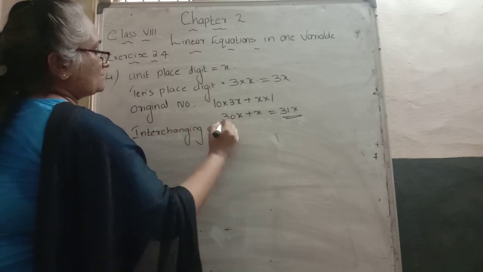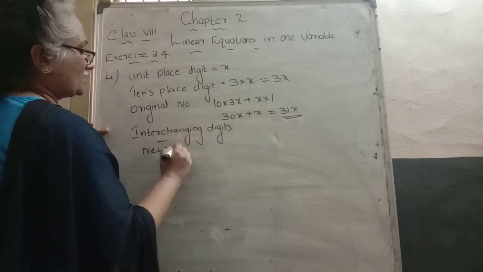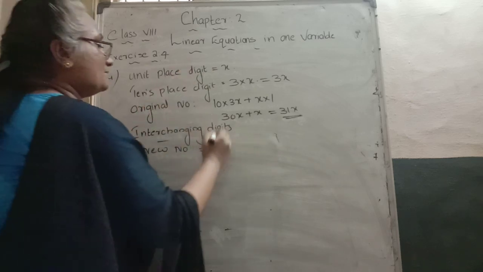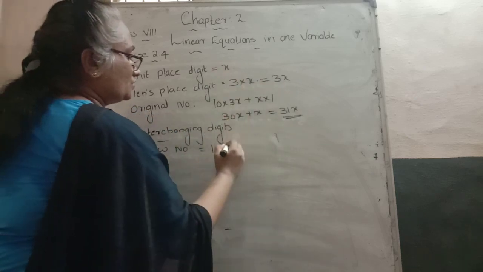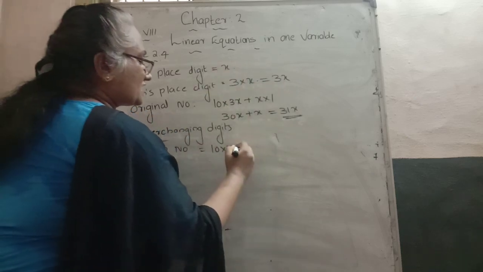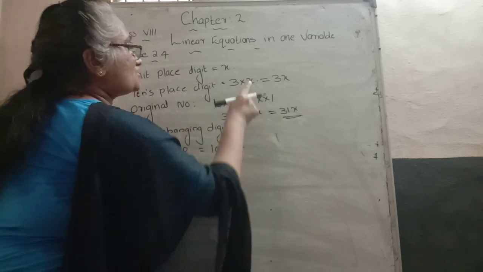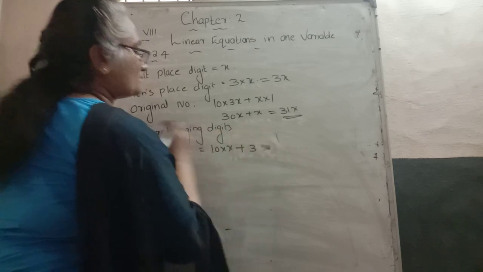At the interchanging time we get a new number. In the new number, x comes on the tens place and 3x comes on the unit place.